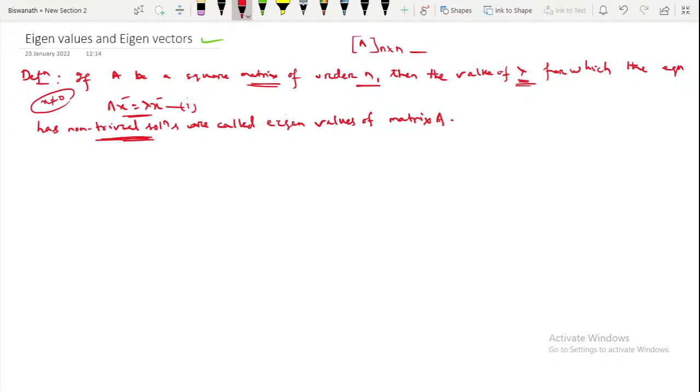Similarly, what is eigenvector? The same way, here the x is called the eigenvector.